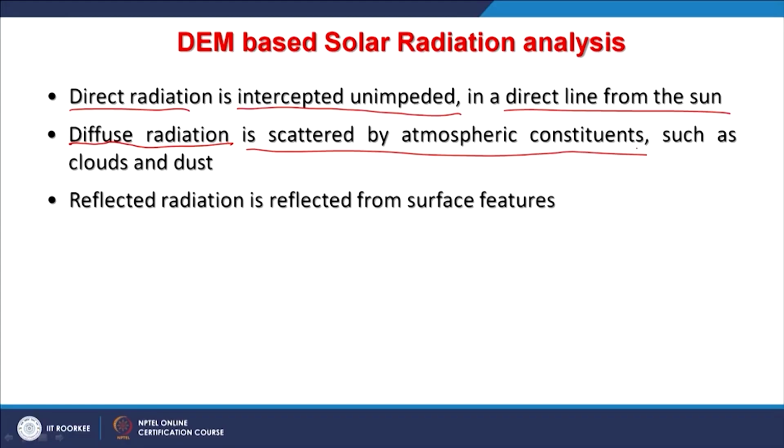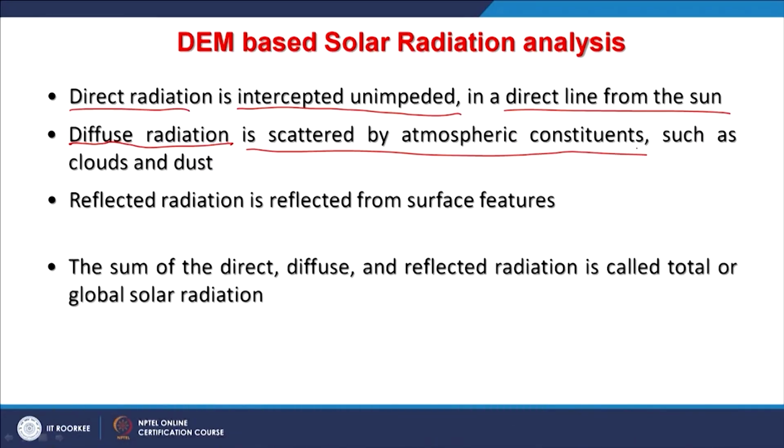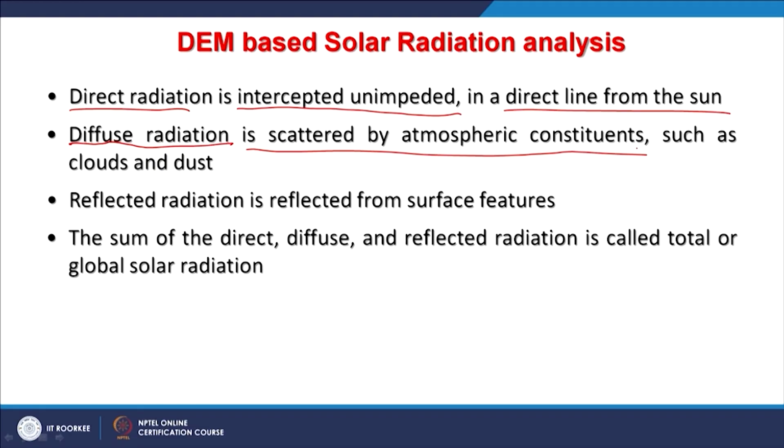Now, the third component, that is the reflected radiation, is reflected from the surface features, and as I have mentioned, in hilly regions this component is also quite significant, because for solar energy, even if reflected radiation is there, you can still generate some energy. It is not necessary that you always get direct sunlight on solar panels for them to generate energy. You recall the calculators we used to have, in which a small solar panel used to be there.